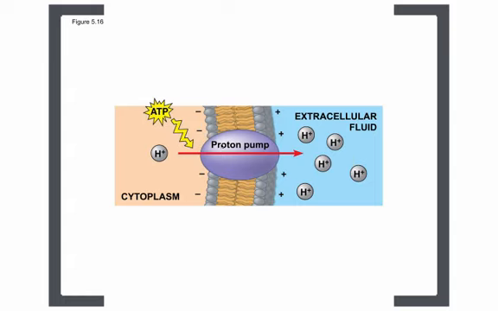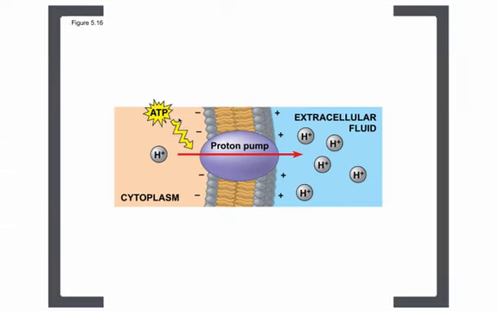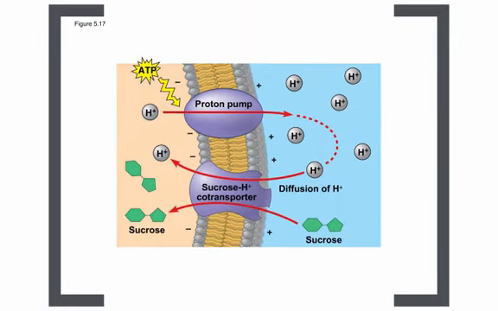Plants do this a little bit differently. Their main electrogenic pump is actually a proton pump. So instead of using sodium-potassium, they're using hydrogen ions. Hydrogen ions are pumped to the outside of the cell so that they're higher concentration outside, again using ATP. Because you have this imbalance in charges, that creates an electrical force. There's an attraction for positive charged molecules to move towards the inside of the cell.